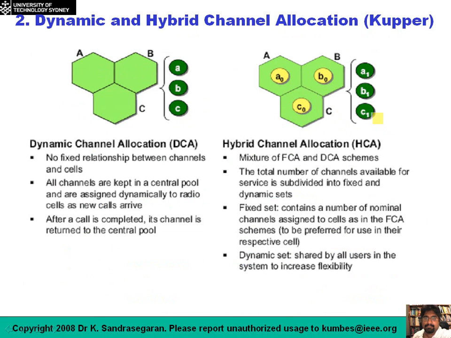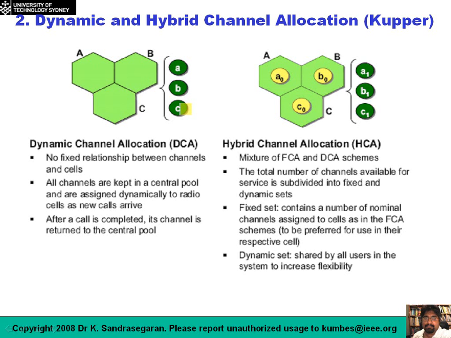Another possibility is not allocate any frequencies to any cell. So all of your cells initially will not have any frequencies, and you have all of the frequencies represented by A, B, C on this slide as being in a pool. And whenever traffic starts arriving at a particular cell, the network management tool starts allocating frequencies to each particular cell.